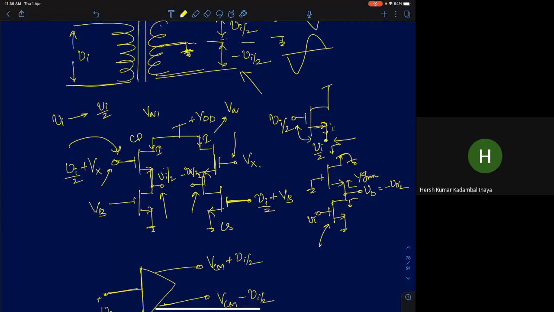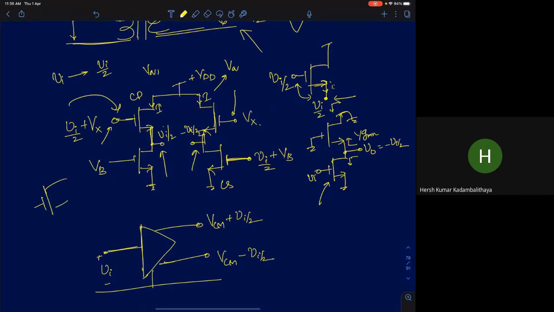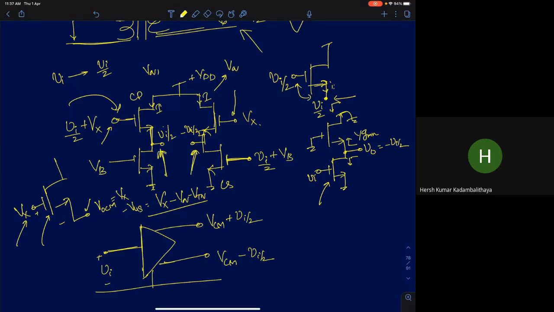See, the DC voltage here is Vx. This node voltage VOCM, I'm going to call it V out common mode. Can I say that it will simply be Vx, the gate voltage here, minus VGS of this MOSFET? So that will be Vx minus VOV minus VTN. That's it. And that's the same DC voltage for both nodes. For both these nodes, the DC voltage is exactly the same.